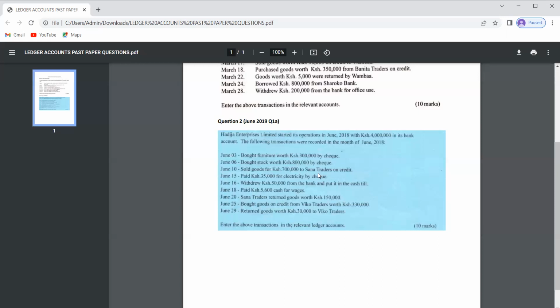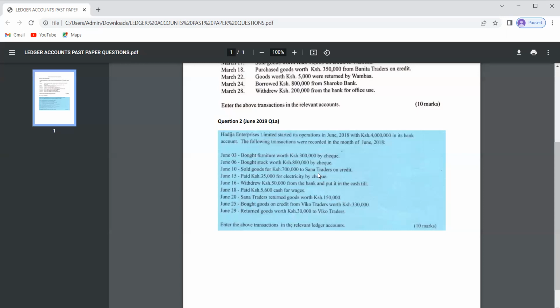Those accounts are correct, but now which one to be debited and which one to be credited? We debit the purchase, we credit bank. Correct.